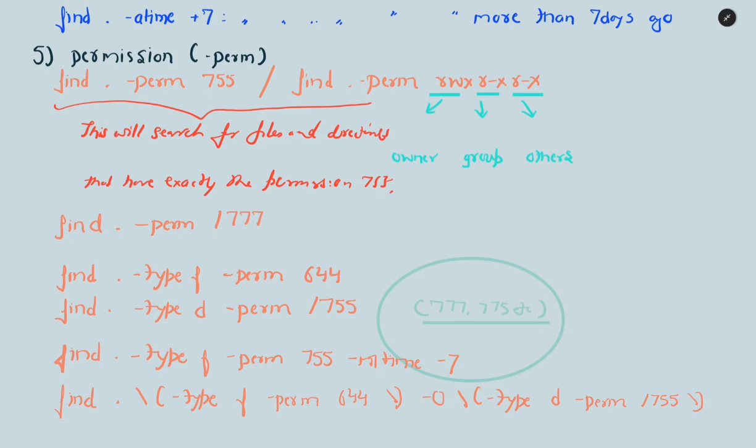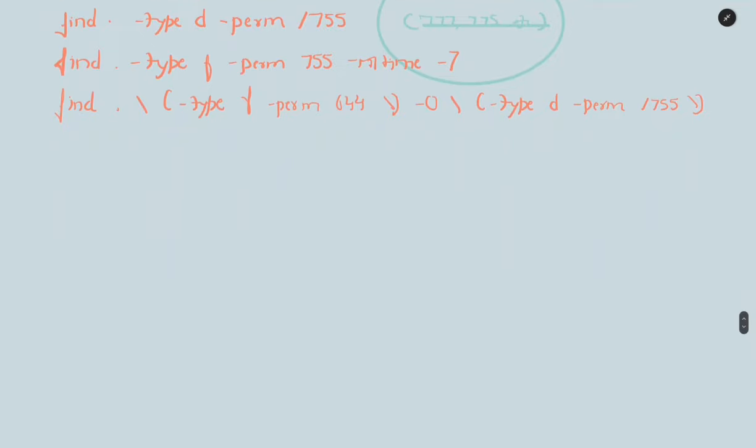Now we will study about the user option. Suppose you want to find files owned by a specific user, so for that you can use find in current directory only -user option, and which user, let's say Manish.